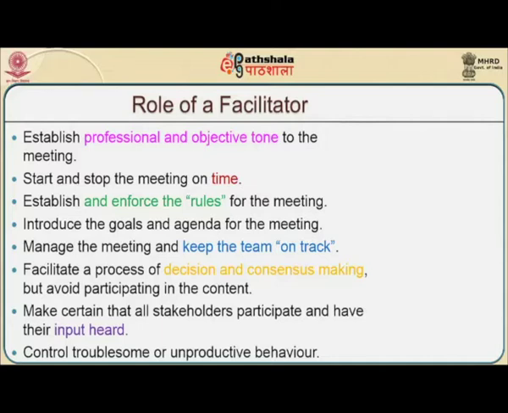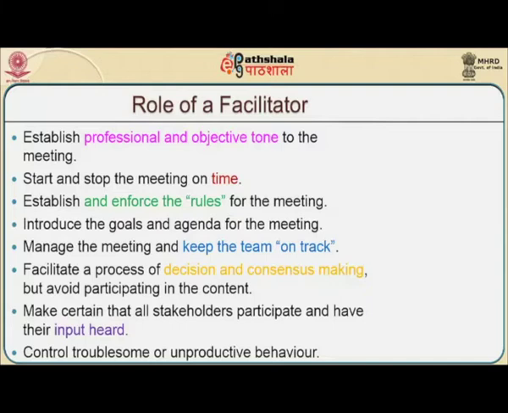He is the person who will initiate and stop the meeting on time, establish and enforce the rules that should be followed for the meeting, introduce the goals of the discussion and the various agendas, manage the meeting and keep the team on track. If there is any deviation in the discussion, it is the responsibility of the facilitator to bring the discussion back.